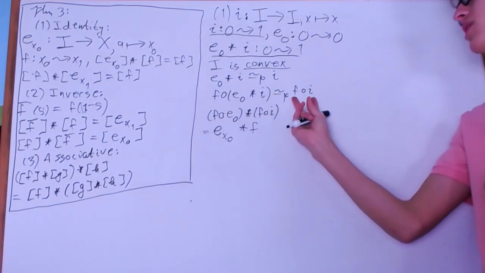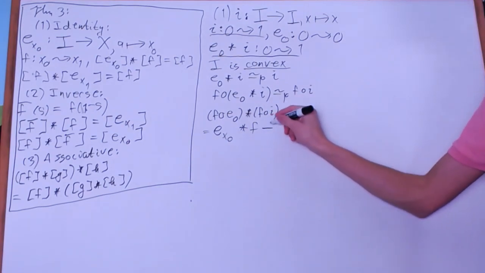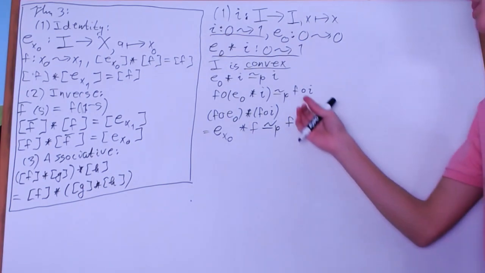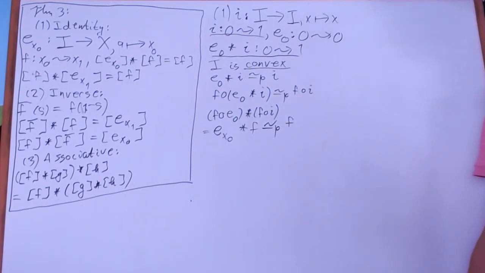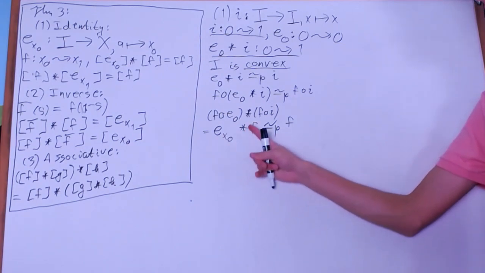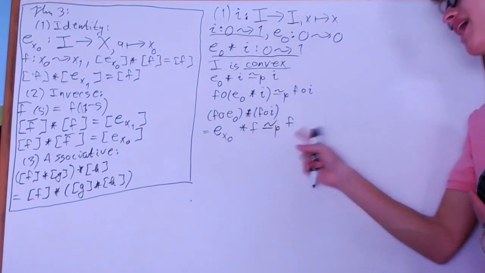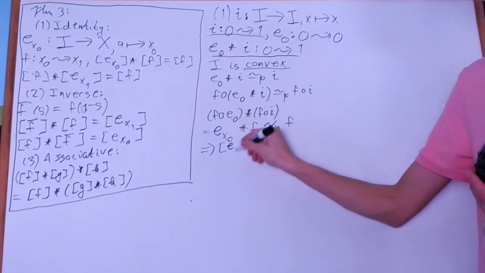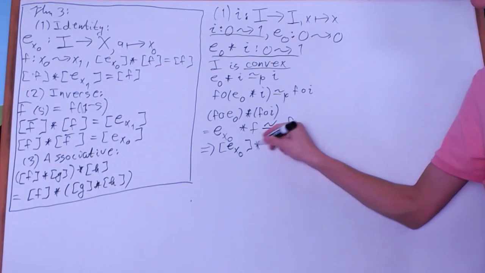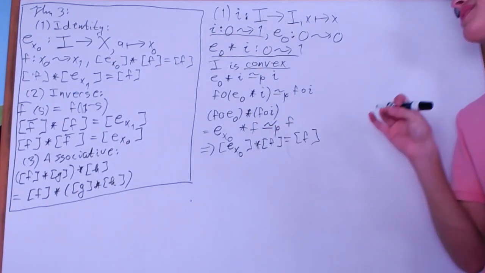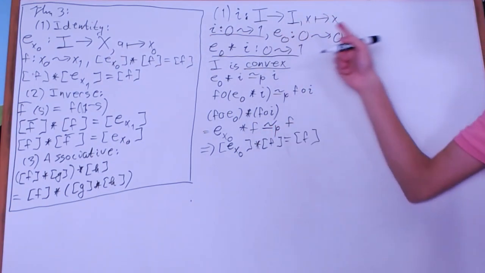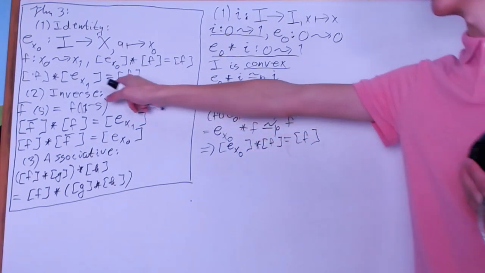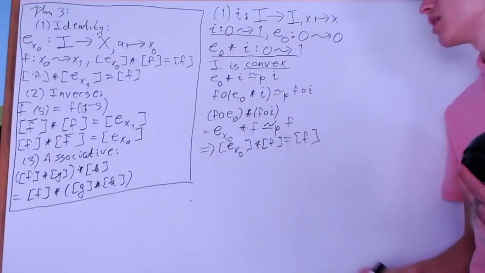Now on this side, we'll also just have f composed with the identity function. So we get that it's path homotopic to just f, because f composed with the identity function is just f. So you get e x0 star f is path homotopic to f, which therefore means that the equivalence classes are equal to each other. And then you can do the same exact thing, but instead of using E0, you can use E1 and then just flip it, and then you'll get to the other part of this theorem.